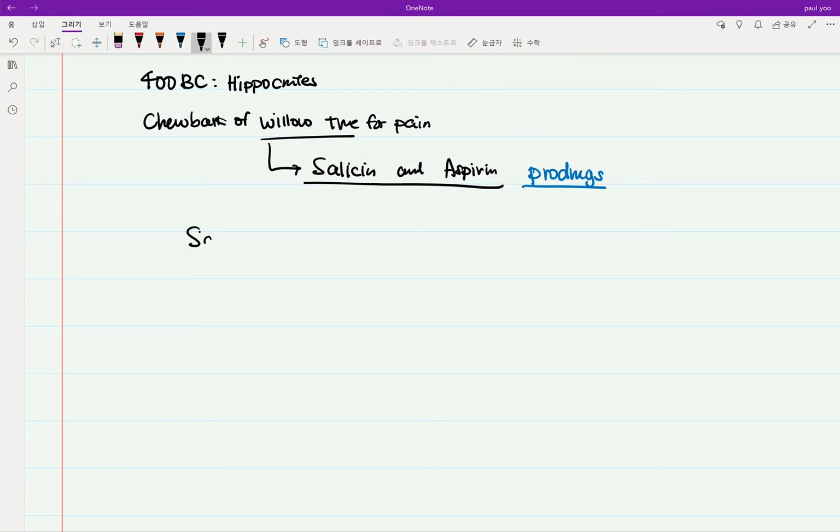So salicin becomes salicylic acid, and it becomes acetyl salicylic acid, and that acetyl salicylic acid is called aspirin.